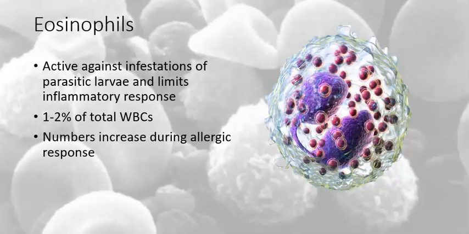Eosinophils, this is active against infestations of parasitic larvae and limits inflammatory response. 1 to 2% of total WBCs. The numbers increase during allergic response.